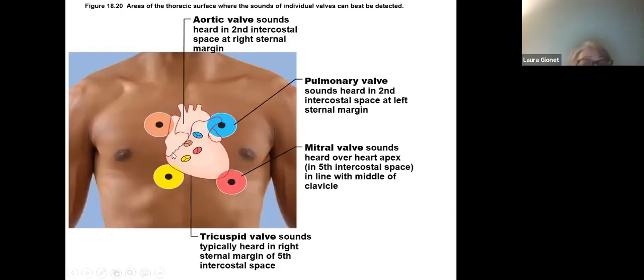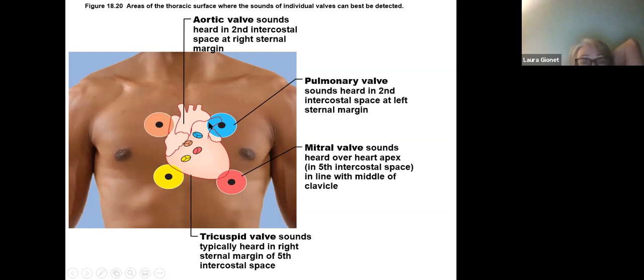This lets you see the location, and it depends on the textbook that you're using. As far as I know, what they're currently using in the SPC nursing program uses the second intercostal spaces to the right and left for the location of the aortic and pulmonary valves.